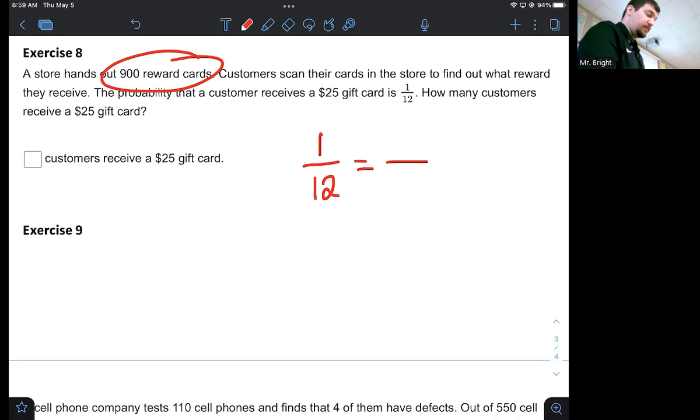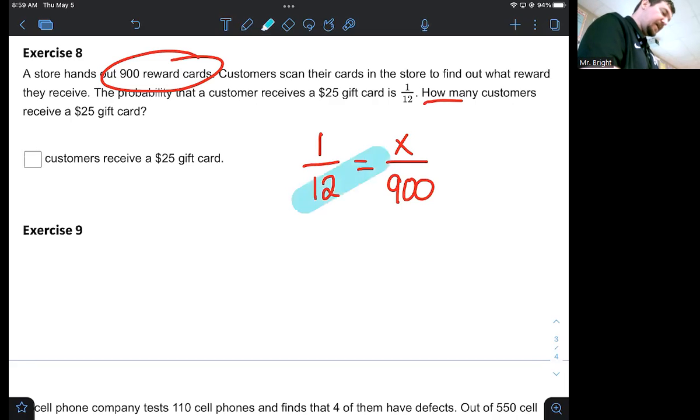It's out of 900. X over 900. We don't know, right? If 1 out of every 12 people win the $25 gift card, don't get caught up in the 25. That's just what they're winning. If 1 out of every 12 people are going to win, how many is that out of the 900? And so we can cross multiply this.